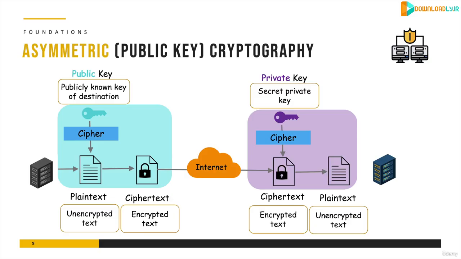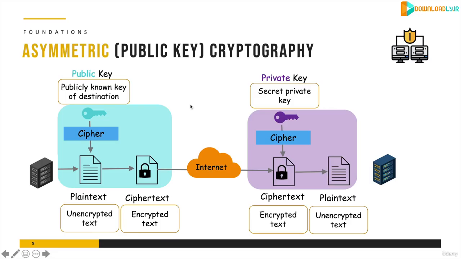So in a nutshell, just to reiterate, in public key cryptography or asymmetric cryptography, if you want to ensure confidentiality, then you'll be using the public key of the destination to encrypt the message, which the destination can then decrypt using his private key. And these two keys are different. You won't be able to decrypt a message which has been encrypted with a public key using the public key again, right?